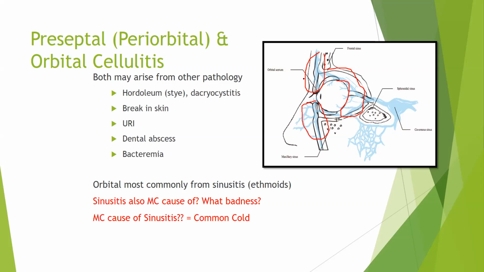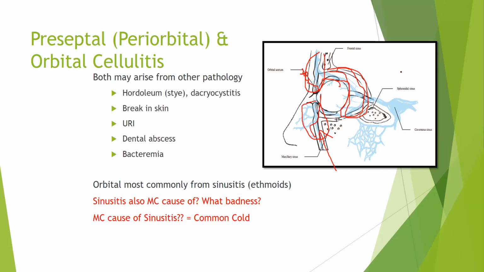It can be a break in the skin where they get a little tear here, and then you end up with an infectious process that does not go back into the capsule itself, but does stay here in the paraorbital region. Also can be referral from a dental abscess, and can be from a bloodstream infection.